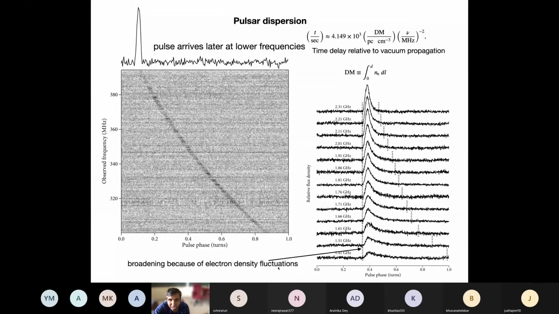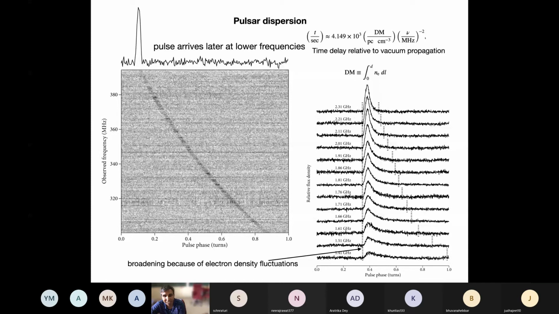There are fluctuations of n_e in this line of sight. So that fluctuation makes the pulse, even at the same frequency, broaden. So this is called pulse broadening due to electron density fluctuations.